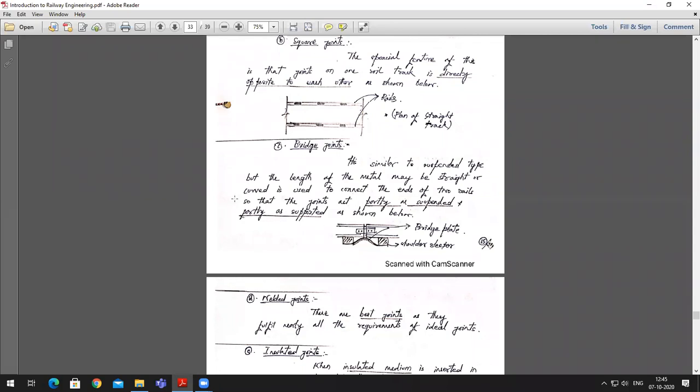When the wheel moves upon this section, the joint sinks in, but because of the elasticity of this metal that is supporting the joint, it retains its position back as it was in the beginning. So that is what we call the bridge joint. Such joints where you have the bridge plate being used to support the joint and fixed to the neighboring sleepers are called bridge plates and bridge joints.